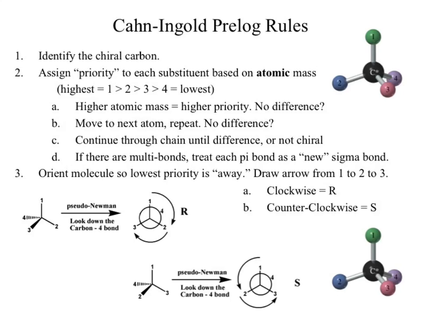Okay? So those steps of acknowledging and finding chiral carbons quickly is very, very important to being able to process these things. Once you've assigned all of the priorities, you now have to look at the molecule in a very particular fashion. You must have the molecule oriented so that the lowest priority group is aimed away from you, which means your lowest priority group has what bond structure?